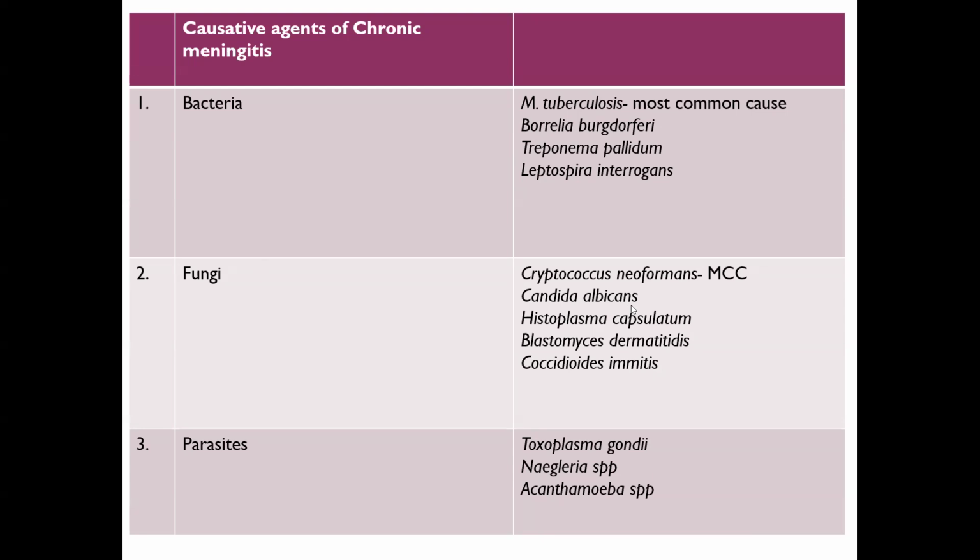Next, Candida albicans, Histoplasma capsulatum, Blastomyces dermatitidis, and Coccidioides immitis. These are the fungi which cause infection. And next, parasites such as Toxoplasma gondii, Naegleria species, and Acanthamoeba species cause chronic meningitis.